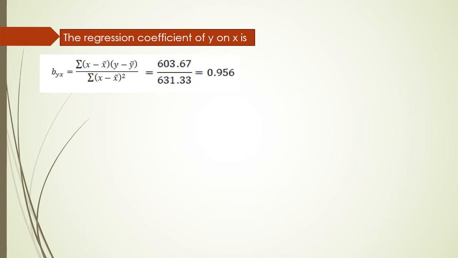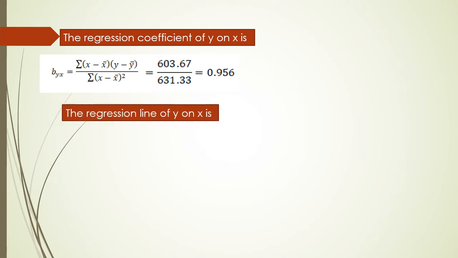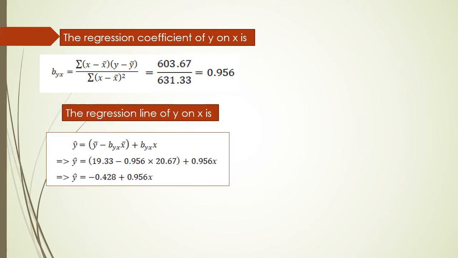The regression coefficient of y on x is obtained by putting our calculated values in the formula for byx, and the result comes out to be 0.956. Therefore, the regression line of y on x is y hat equal to y bar minus byx into x bar plus byx into x.